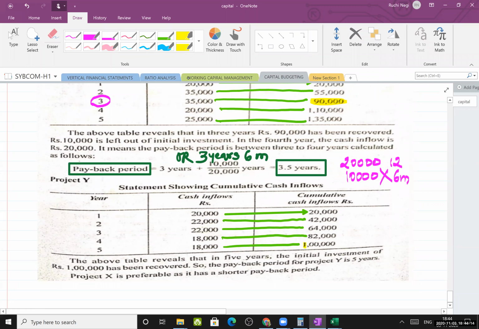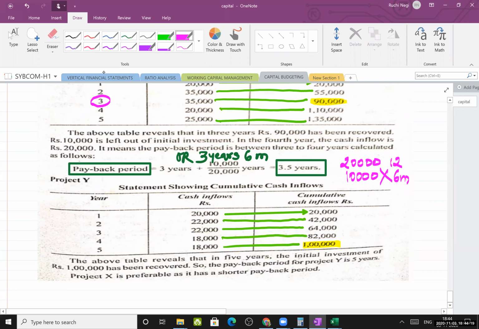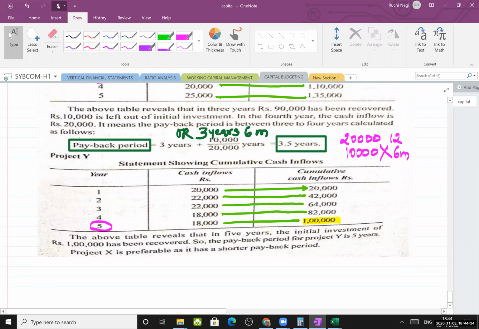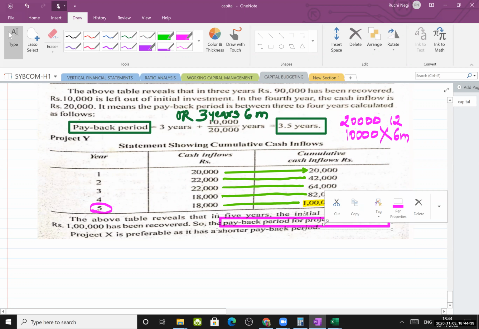I will recover my 1 lakh rupees here in the 5th year. इसमें तो सामने सामने answer है. So the payback period for Y is 5 years. ठीक है, this is my answer.